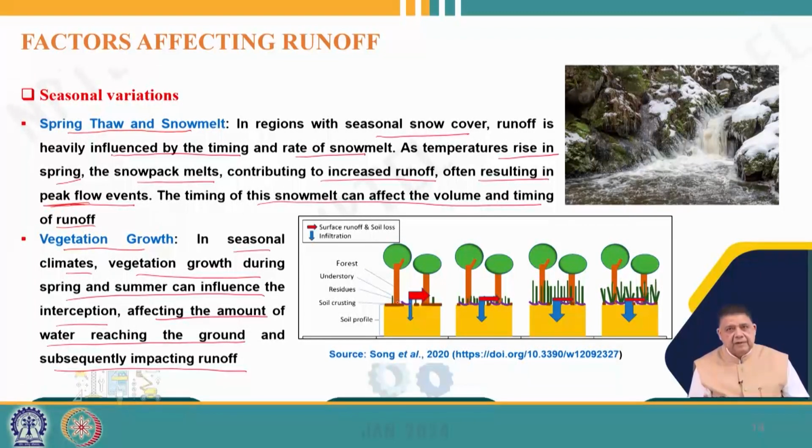Because of the litter, the runoff generation is very low, and of course, the soil crust and soil profile. So, accordingly, as you can see, infiltration will keep on changing. Infiltration will be much higher when the forest has more understory or vegetation, because otherwise that will result in soil crusting. So, infiltration will be much less and runoff will be higher.